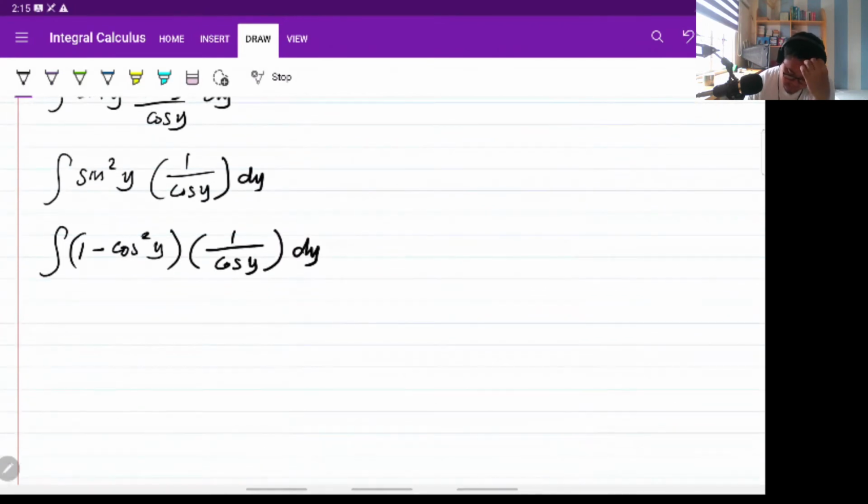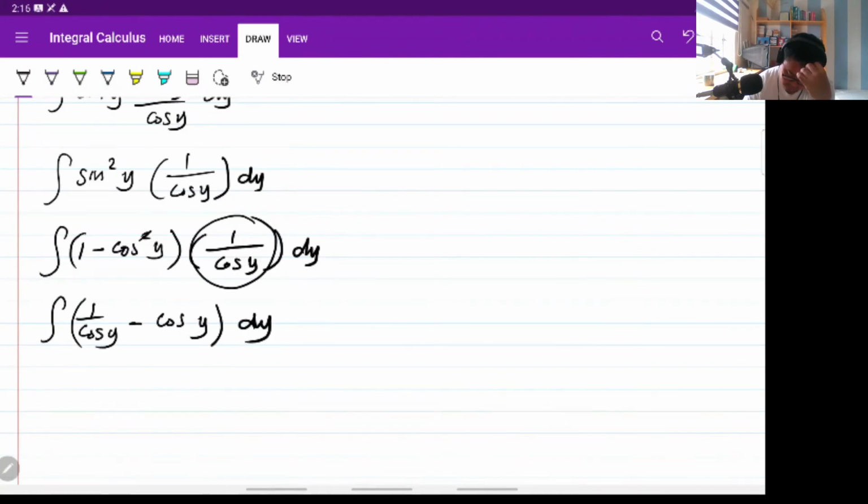Distributing the 1 over cosine y, this becomes 1 over cosine y minus cosine y, since the squared is cancelled out.